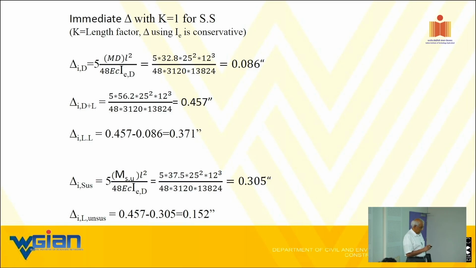The delta corresponding to sustained load is 0.305. So the delta from the unsustained load is 0.457 minus 0.305. That is the delta from the unsustained load without multiplying with a creep coefficient. Now you have to multiply with a creep coefficient to establish the total deflection, including the creep, for the sustained load condition.